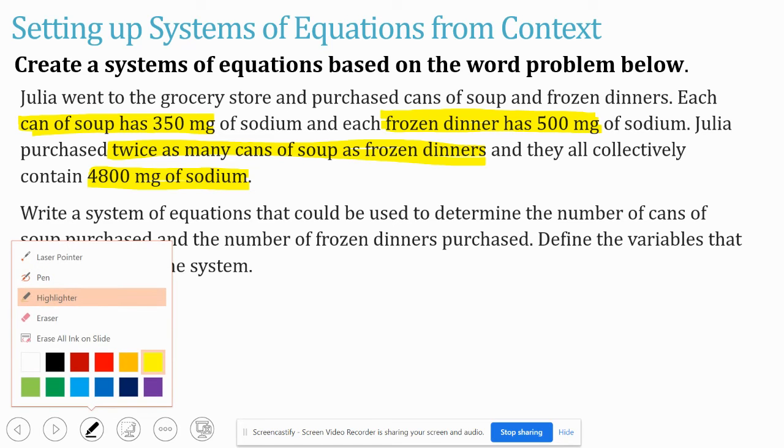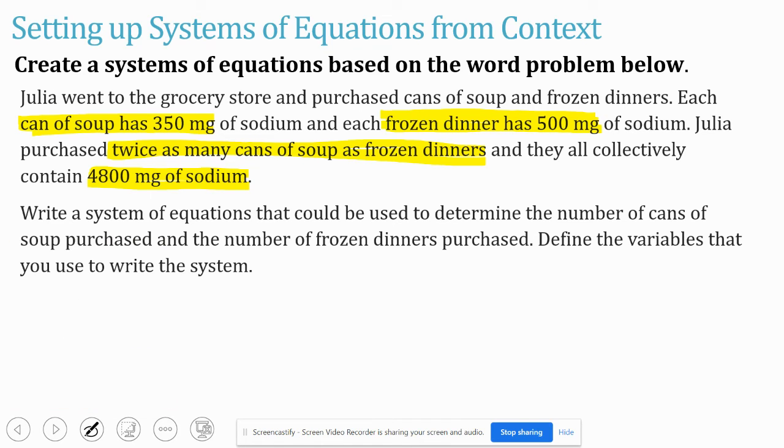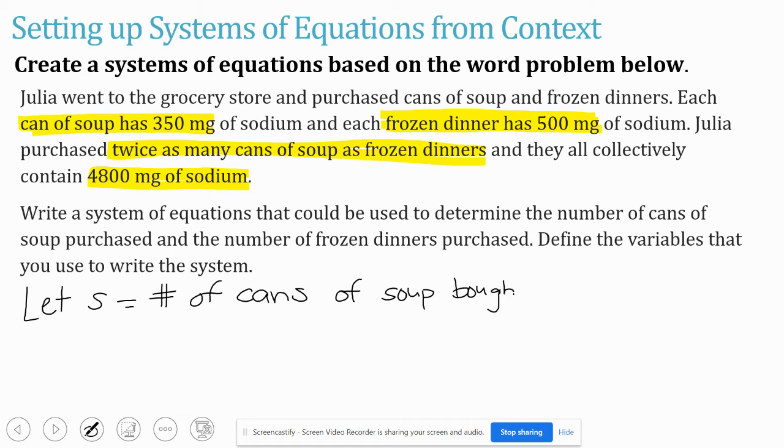Okay, so now let's define our variables. Hopefully you notice the two things we're talking about are soup and frozen dinner. So I'm going to write let S equal the number of cans of soup bought, and then I'm going to let F equal the number of frozen dinners bought.